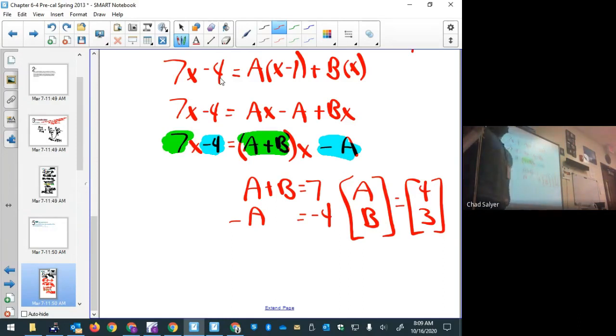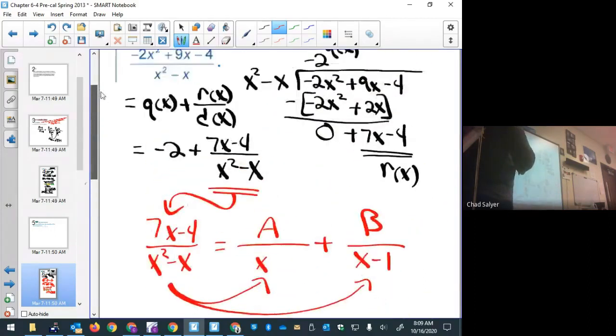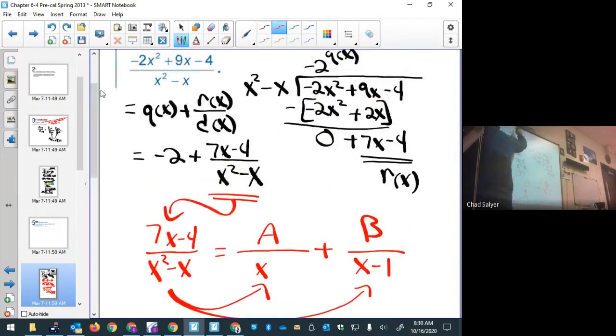So you could use a matrix if you really wanted to, but that's a system that you should be able to look at and determine the values of A and B. So once again, we'll go back and steal our earlier representation to save ourselves some work.